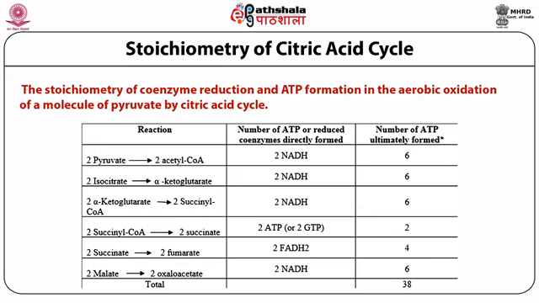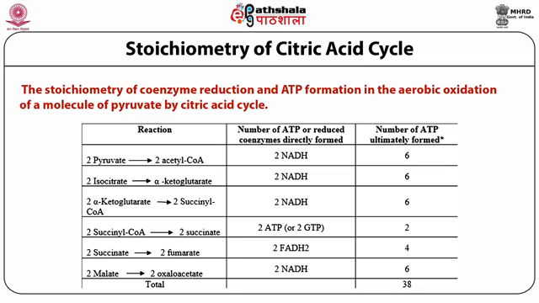NADH molecules are formed during the formation of 2 acetyl coenzyme A, 2 alpha-ketoglutarate, 2 succinyl coenzyme A, and 2 oxaloacetate from 2 pyruvate, 2 isocitrate, 2 alpha-ketoglutarate and 2 malate respectively. Formation of NADH molecules ultimately contributes to the formation of 24 ATP molecules.